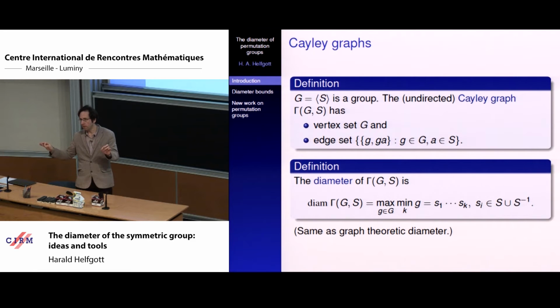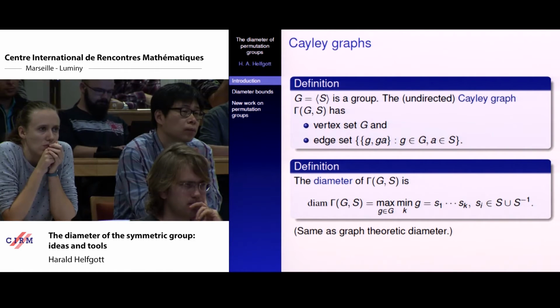You define the distance between two points as the length of the shortest path between them, length being the number of edges in that path. And then, how do you define the diameter of, say, a disk? Well, it's the distance between the two points that are furthest apart. The same way, in a graph, the diameter of the graph is the distance between the two points that are furthest apart, whose distance is greatest.